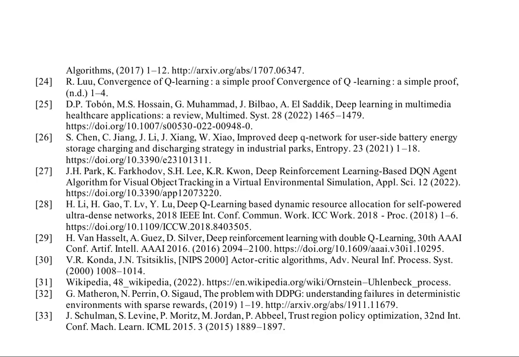Tobin et al. [25] reviewed deep learning in multimedia healthcare applications, and Chen et al. [26] improved deep Q networks for user-side battery energy storage charging and discharging strategy. Park et al. [27] developed a deep reinforcement learning-based DQN agent algorithm for visual object tracking, and Lee et al. [28] applied deep Q-learning for dynamic resource allocation.